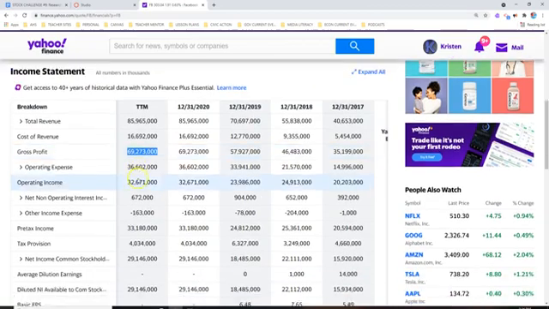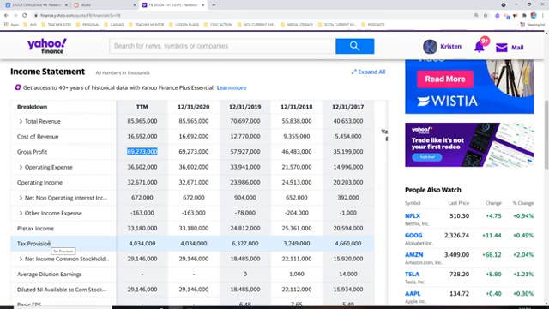All right, and finally, I ask you to look at the tax provision, which is how much did the company pay in federal income taxes. And the federal income tax rate in 2020 and throughout most of President Trump's presidency was 21%, which means that companies pay a flat 21% tax rate on their profits.